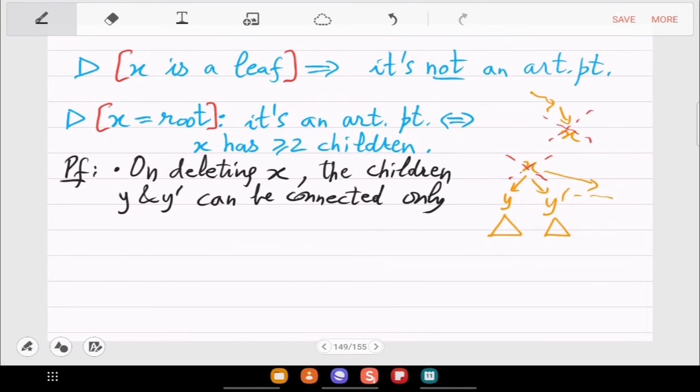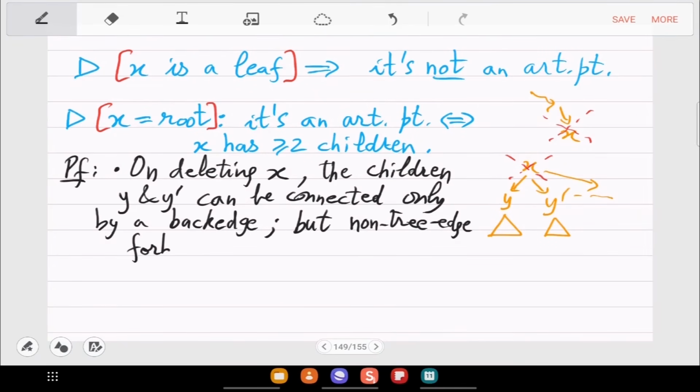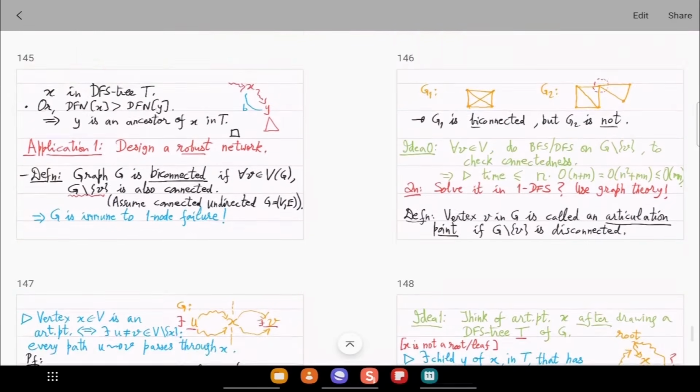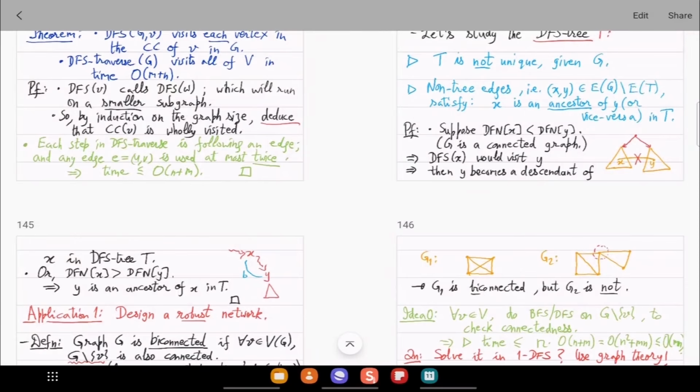They can be connected only by a back edge. But this non-cross edge property forbids it. Okay, so we had a non-cross edge property at the beginning of the class. This property says that for a back edge, the endpoints have to be ancestor and descendant.